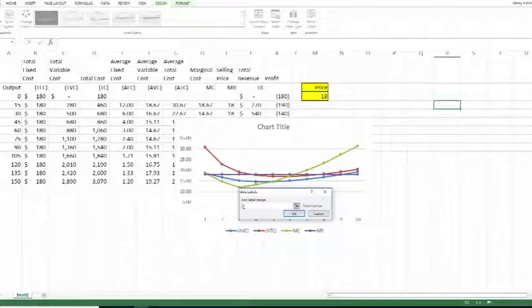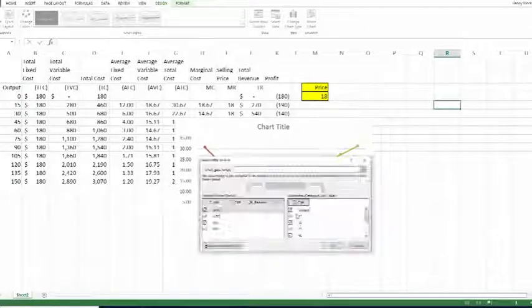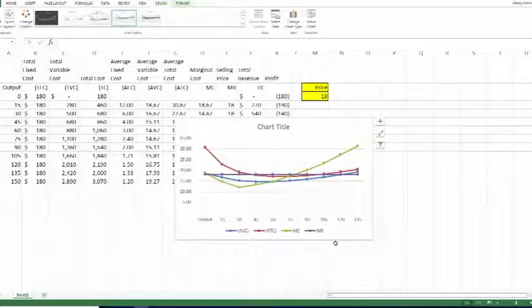My cursor's blinking in there, so I'm just going to click on output, and again I have to have the same symmetry as the other series I did, so one click on output and then hold the control key down and do 15 to 150 and then OK again, and boom, there's my output down on the bottom.